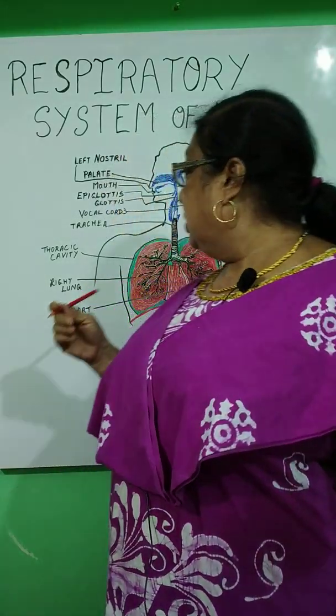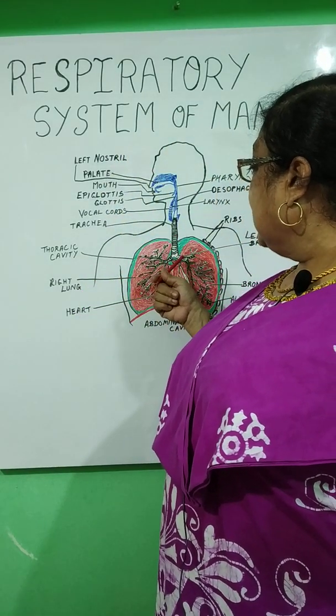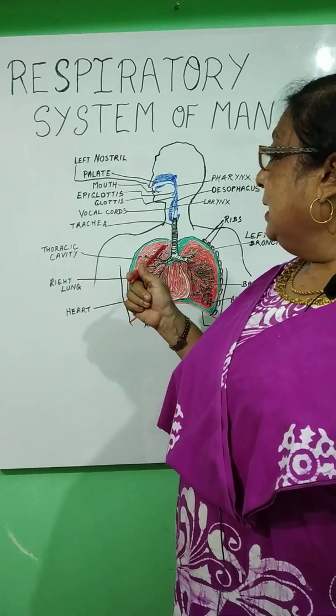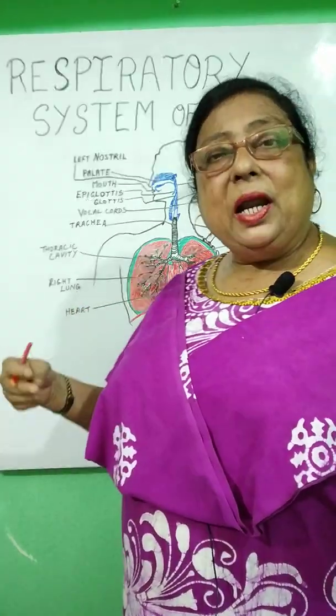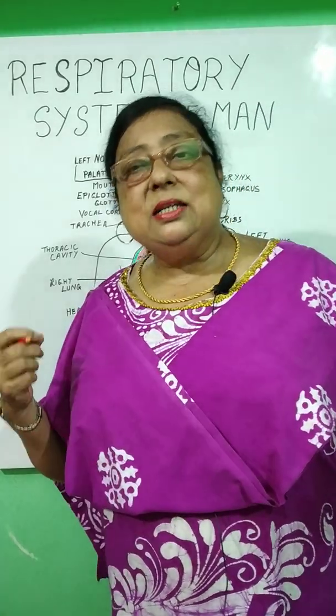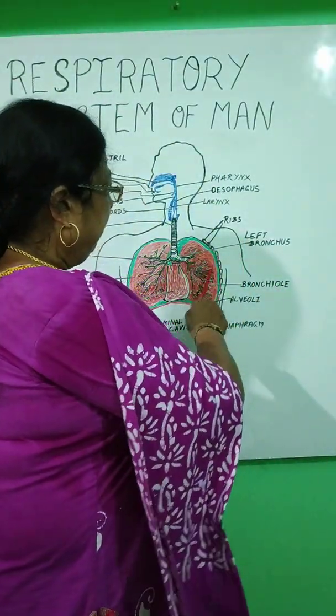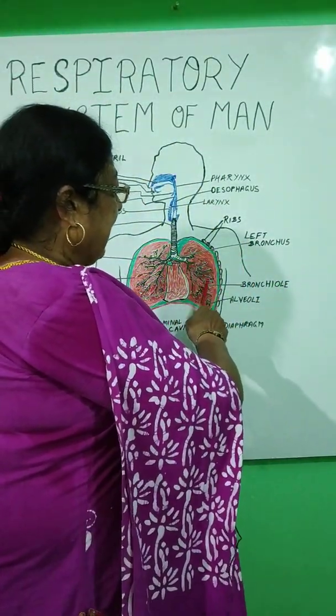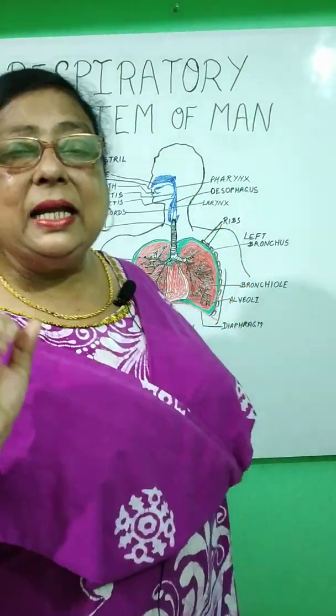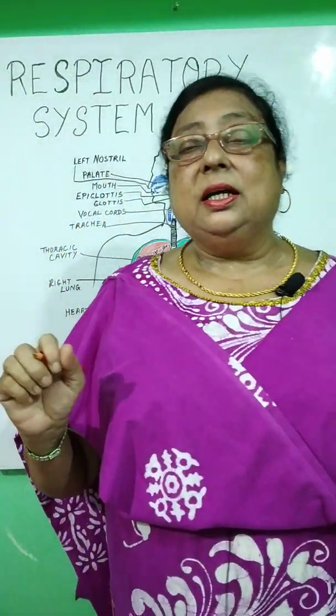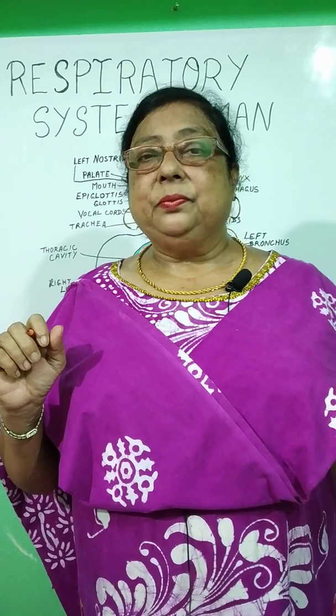Now what happens to this bronchus? When it has entered each lung, it divides more and more, and these divisions of the bronchus are known as bronchioles. Okay, it further divides, and they end up in small sac-like structures, which are called the alveoli.